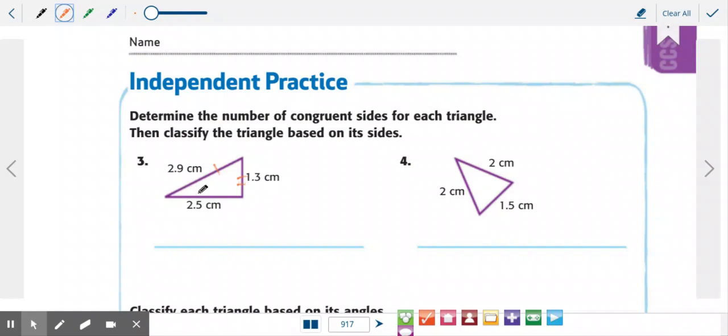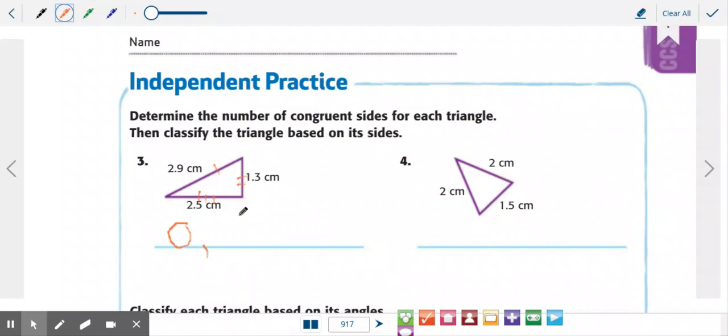And this I'm going to give 3 lines to because nothing matches, right? So are there any congruent sides? No, there are no congruent sides. So I'm going to put a 0. And then we want to look at its sides and say, if it's based on 3 totally different sides, is it equilateral? No, because none of them are equal. Is it isosceles? Well, no, because 2 don't match.